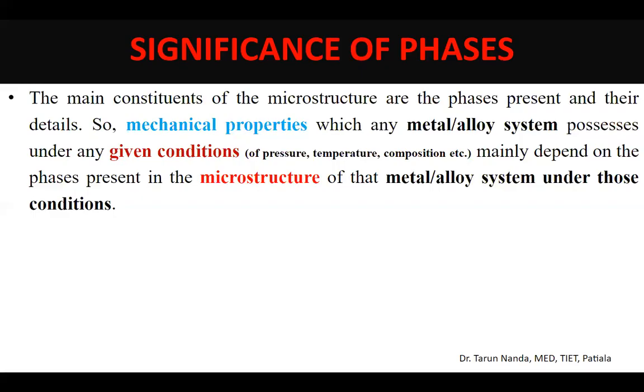So the bottom line is that in industrial metallurgy, you need to know what type of mechanical properties you wish to have in a metal or an alloy system, then what type of microstructure can bring those properties, and finally with what processing I get that type of microstructure into the material system. If you know these things, you have total control over the mechanical properties of a material system.